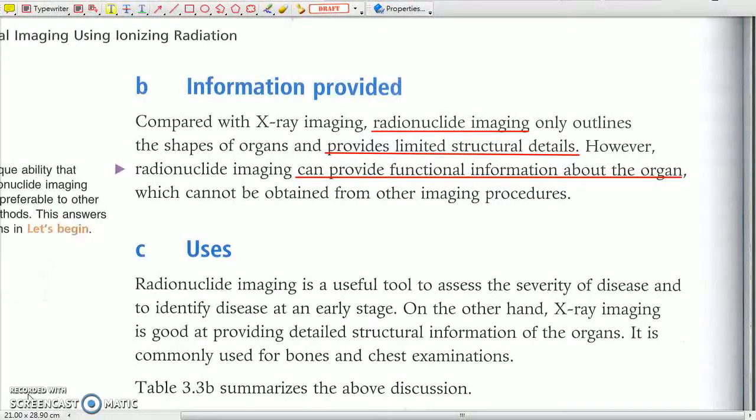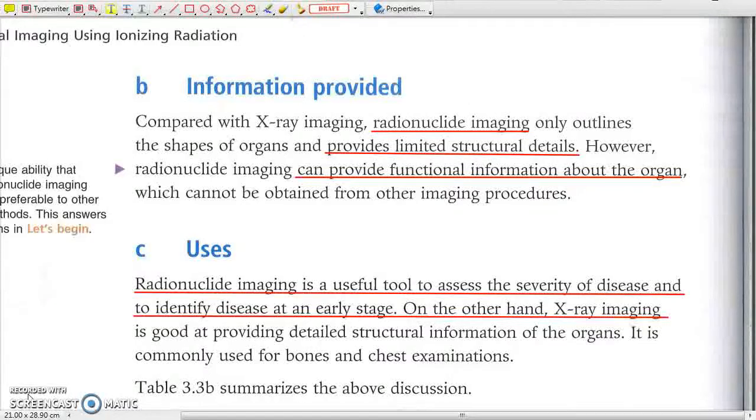C. Uses. Radionuclide imaging may provide the functional information of the target organ, and so it can find the severity of diseases and even identify diseases at an early stage.